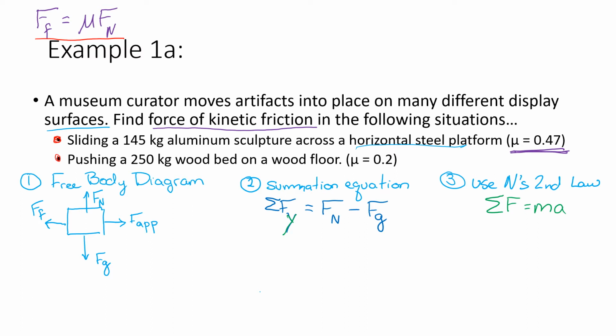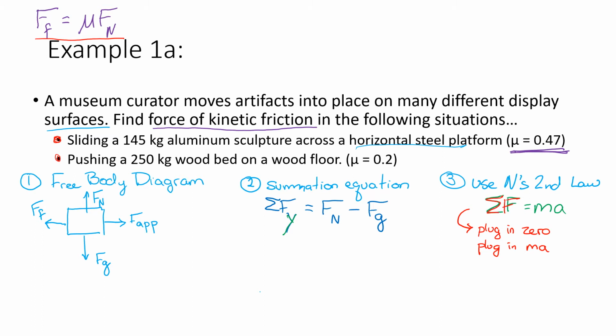Also, let me take a step back. When we use Newton's second law, we're either going to plug in 0 or plug in mass times acceleration for the net force.